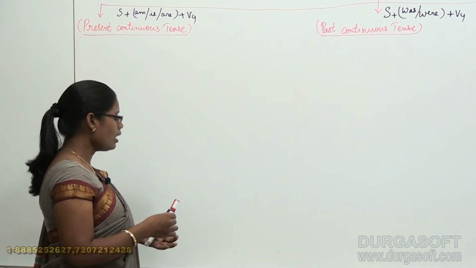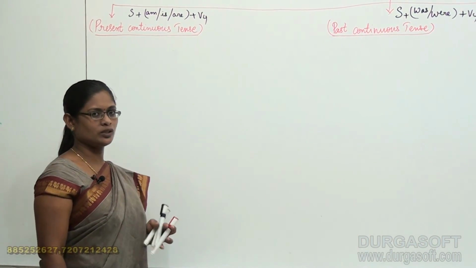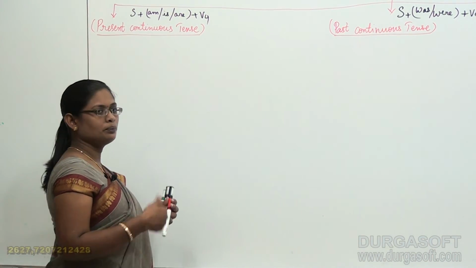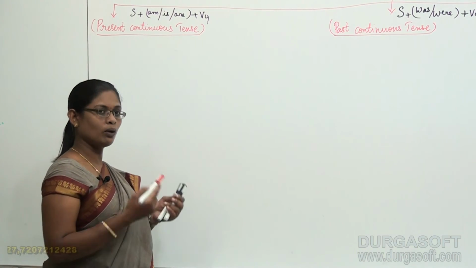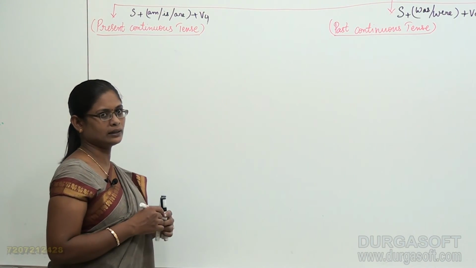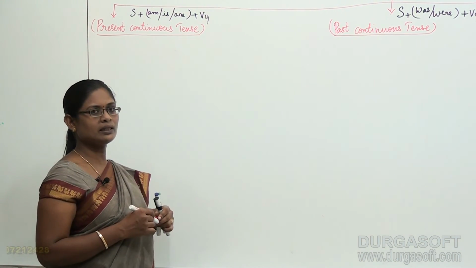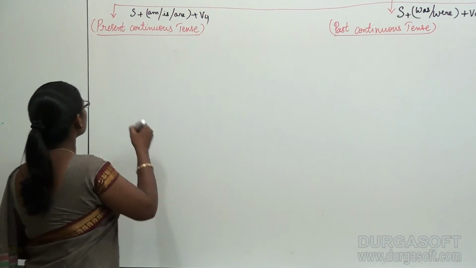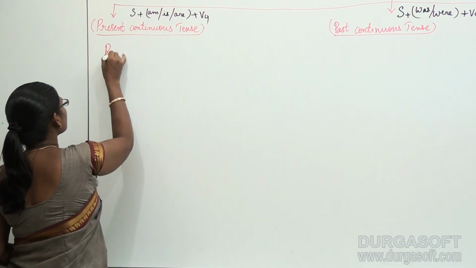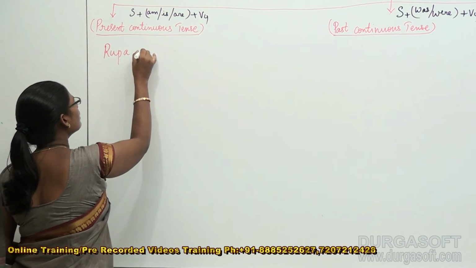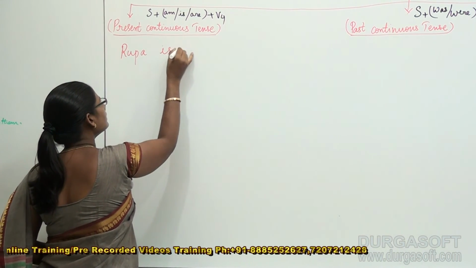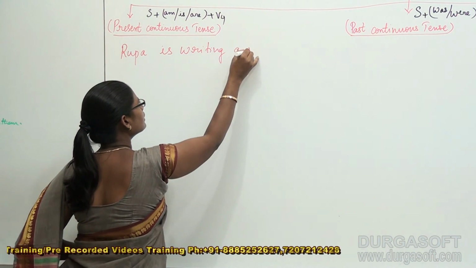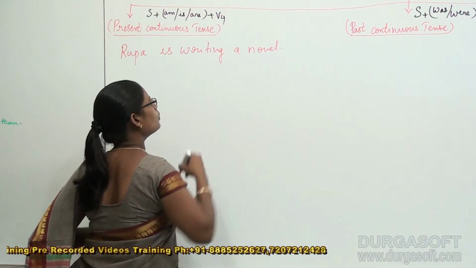Okay. Now based on this structure, I am going to give you the example we have already discussed in our previous tenses. So let us take the same example and go ahead with it. That is, Rupa is writing a novel.